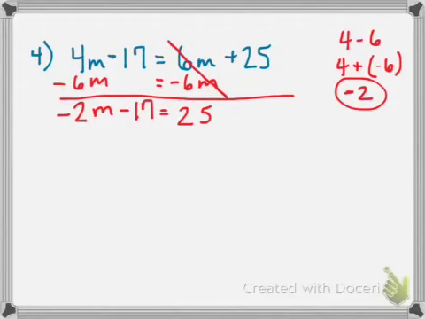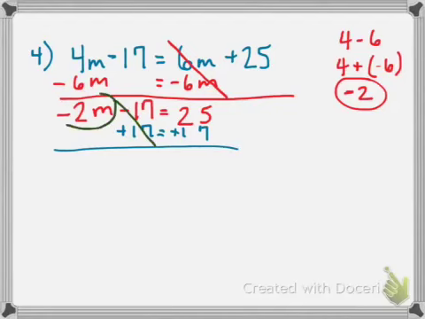My next step, I get rid of the constant, so I add 17 to both sides. And then on my left side, these will cancel out. I'm left with negative 2m, bring down the entire term, negative 2m equals, and then I add 25 plus 17, which is 42. So I get negative 2m equals 42.